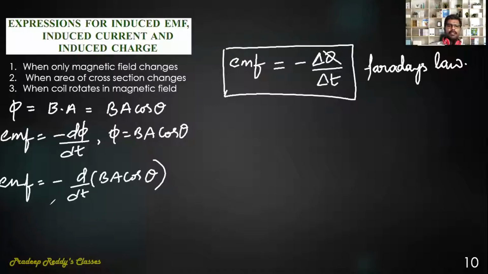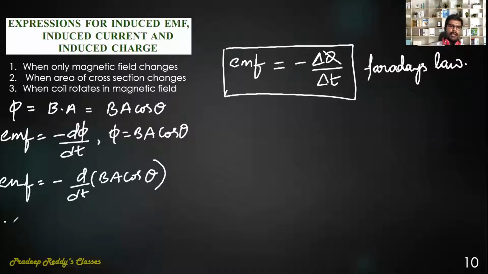So if B is constant, A and cos theta may be variable. If A is constant, B and cos theta may be variable. If cos theta is constant, B and A can be variable. So we are considering that B, A, and cos theta are variable individually.